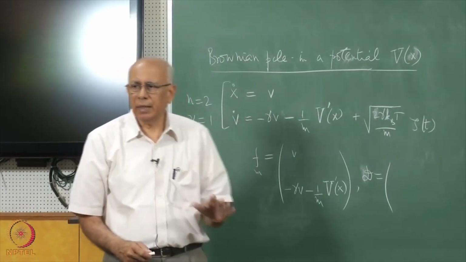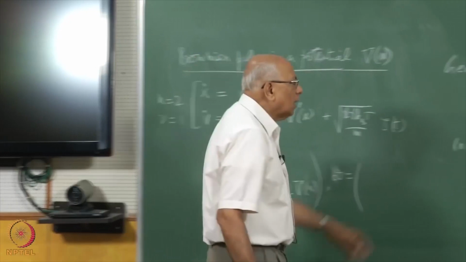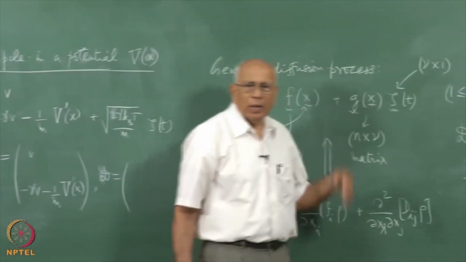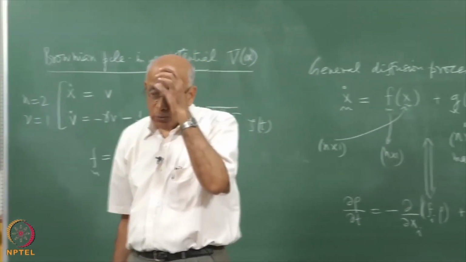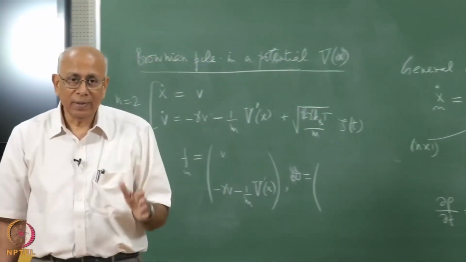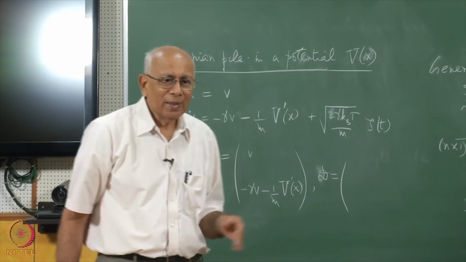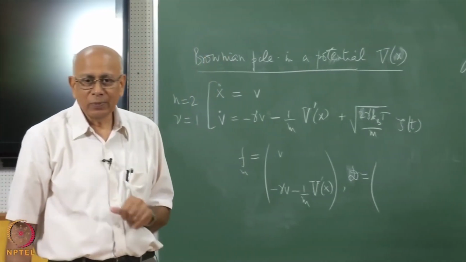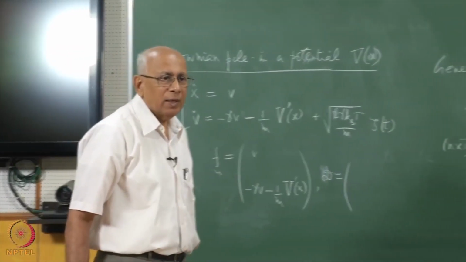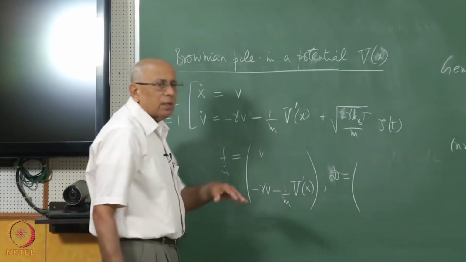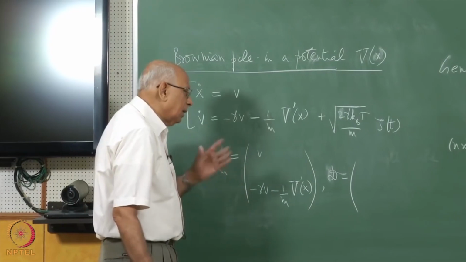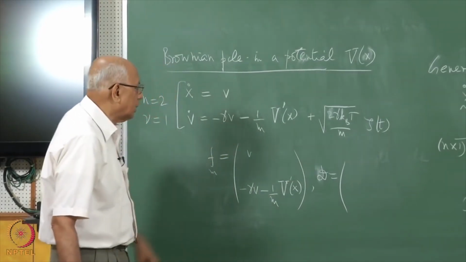So this is a very trivial case, but the reason I wrote this down is because I am now going to require you next to do this for the 3-dimensional case when you have an external field potential as well as a magnetic field, which will make a velocity dependent force. So that is a little intricate, but it is a 6-dimensional phase space, but we can write the equations down given the general expressions.